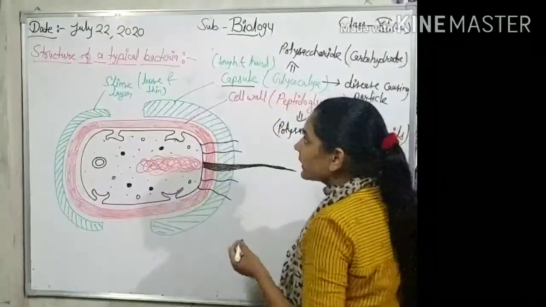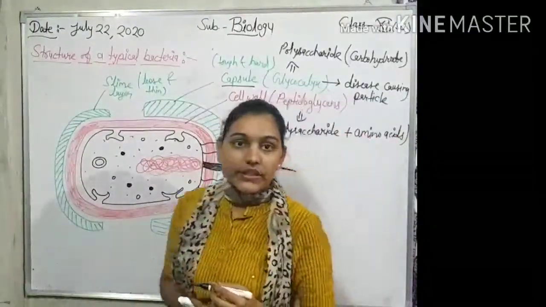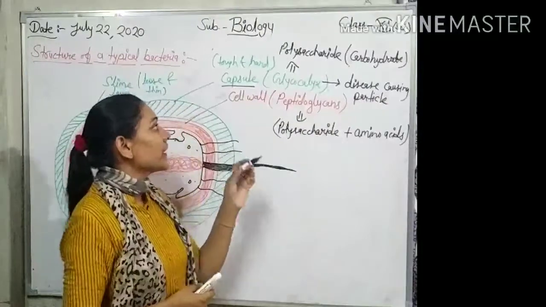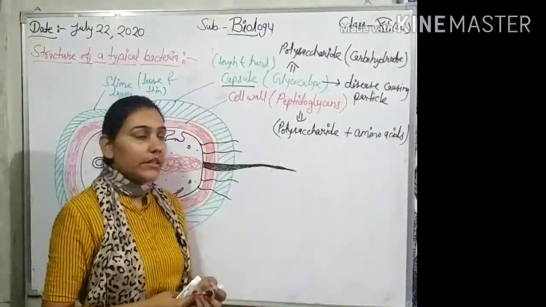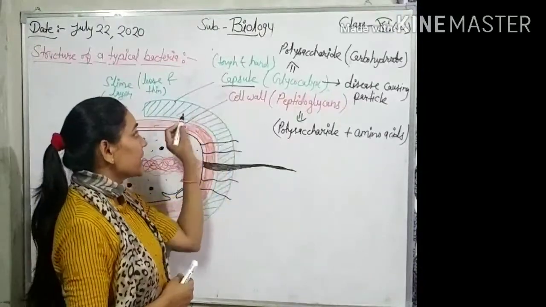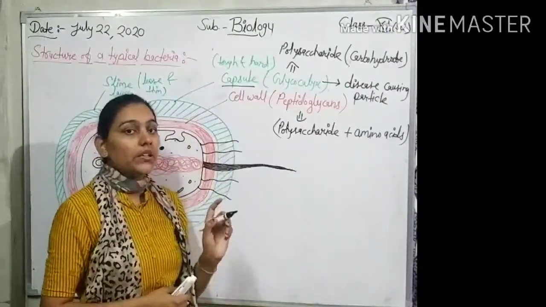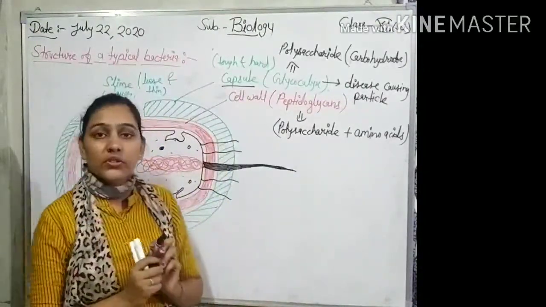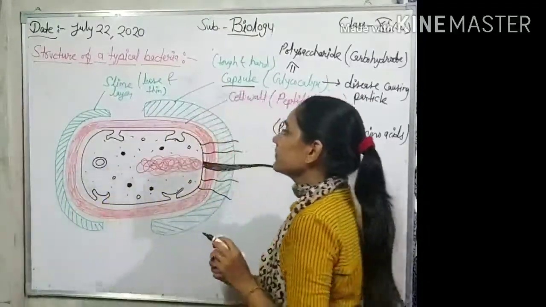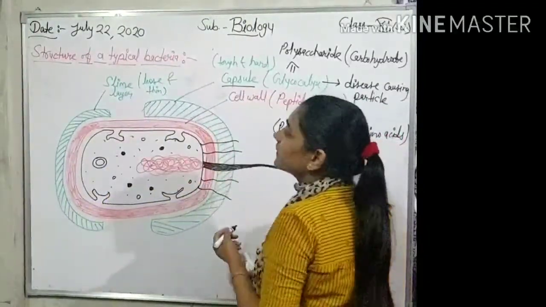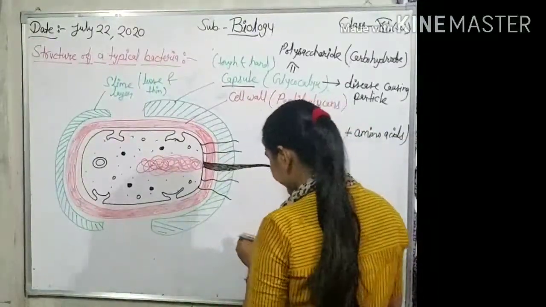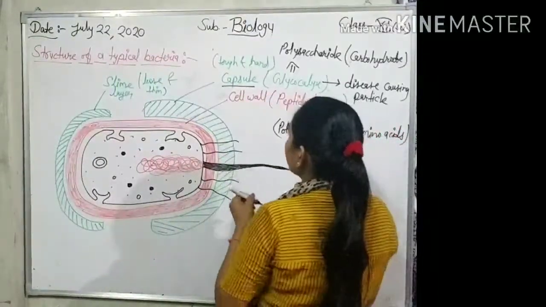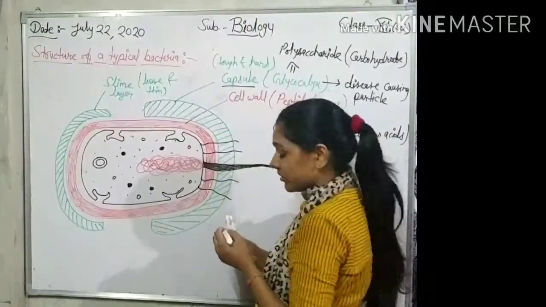So capsulated bacteria are known as virulent and non-capsulated bacteria are known as non-virulent. It means capsulated bacteria are disease causing and non-capsulated bacteria are non-disease causing. So capsule describes the virulence nature of bacteria, and cell wall is also non-living.